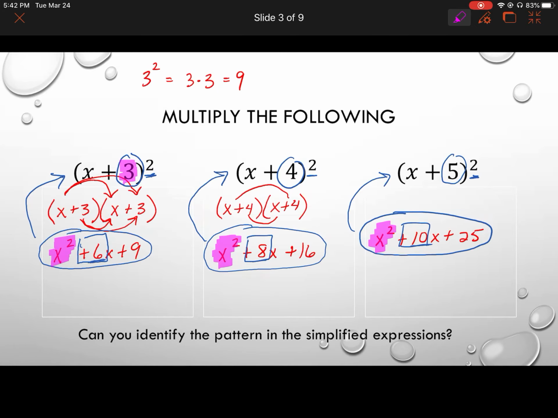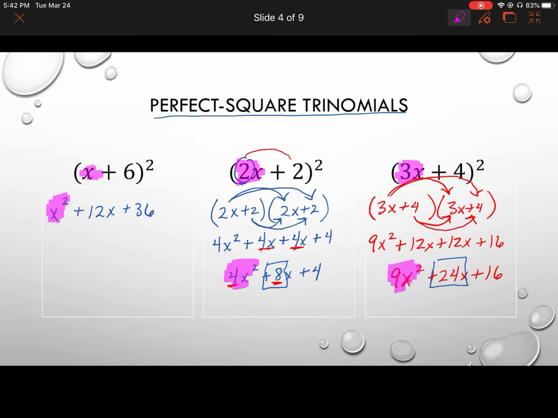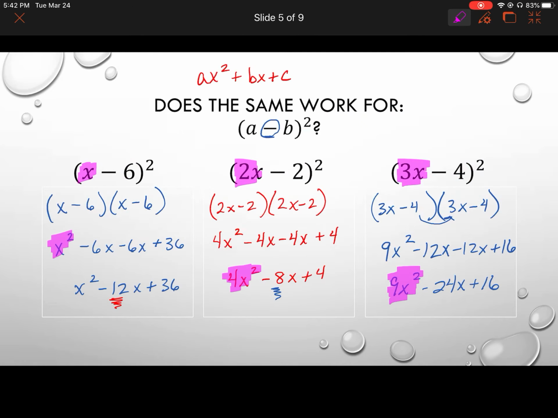This one obviously is just that number squared, right? 3 squared is 9, 4 squared is 16, 5 squared is 25, and so on. 6 squared, 2 squared, 4 squared, negative 6 squared, right? The sign didn't really matter. You still end up with a positive number.